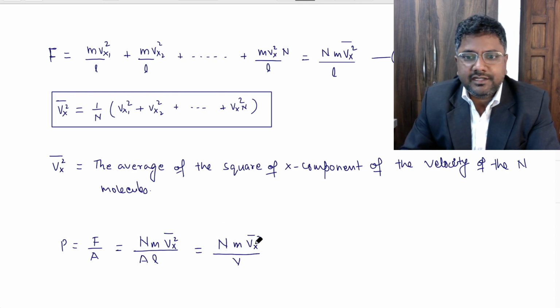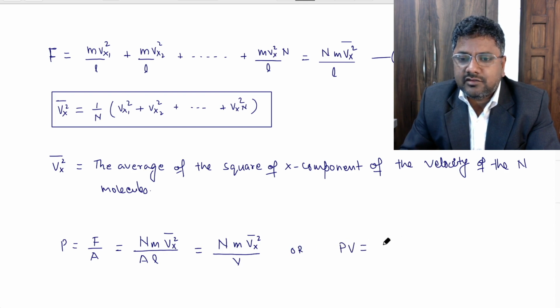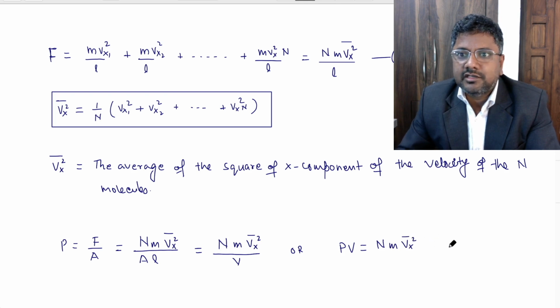So we can write PV is equal to capital N small m vx square average. So this is equation 7, and this is the formula for pressure.